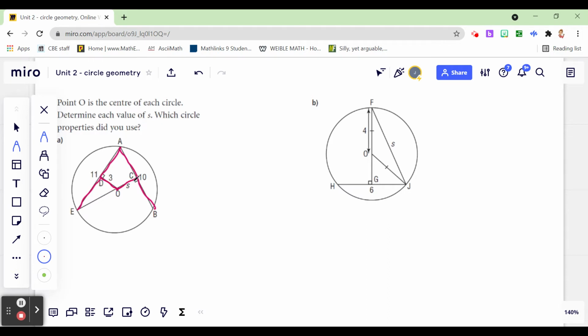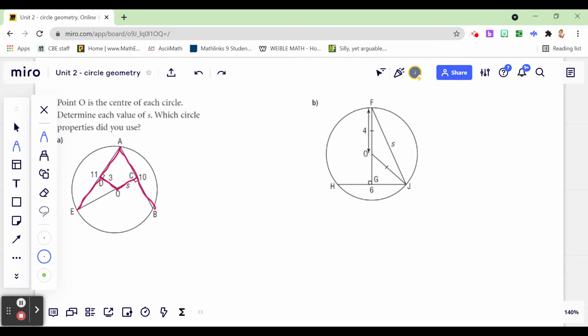So that makes these perpendicular bisectors because the theorem is that if the diameter, which we can extend, so this is a diameter, bisects, is a perpendicular bisector to the chord.